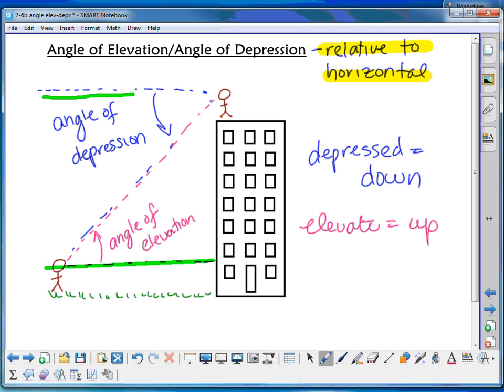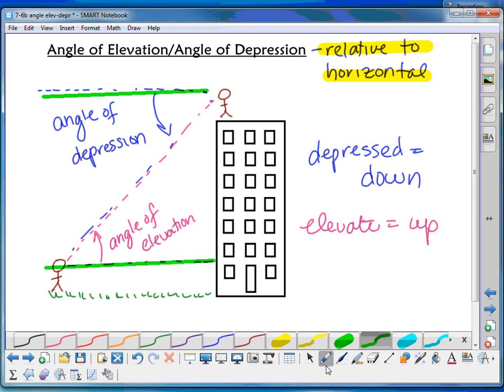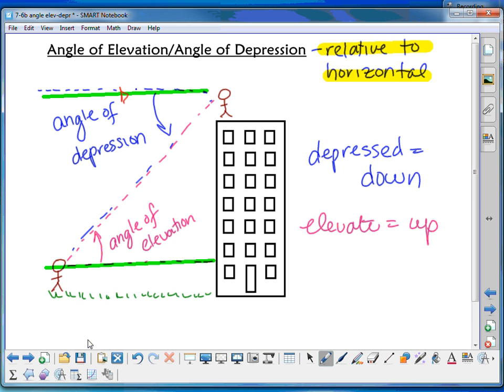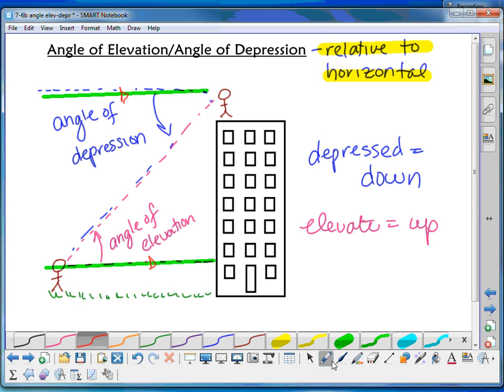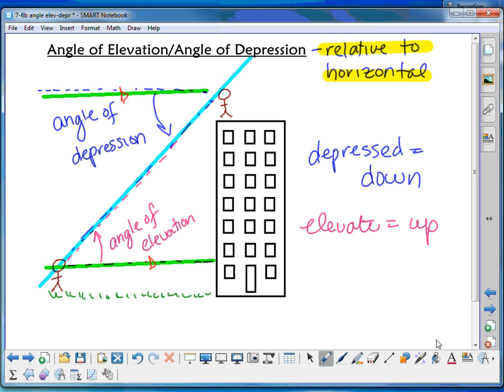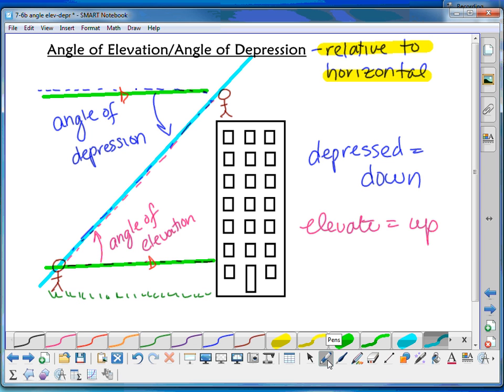Now, one of the things you might notice is if these are both horizontal lines, then that means they're parallel to each other, and I have a transversal going through them. So if I have parallel lines cut by a transversal, I've made alternate interior angles. The angle of depression and the angle of elevation are alternate interior angles, and so that means they would be congruent to each other.